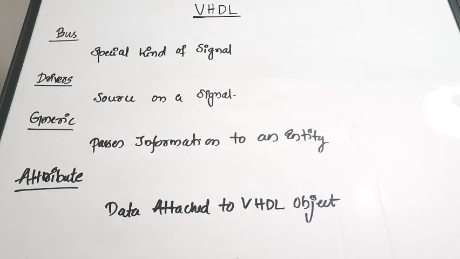An attribute is data that is attached to VHDL objects. Consider that there is a VHDL object to which data has been attached. That data is called an attribute. We'll discuss all these things step by step while doing the VHDL programming. Anyway, these are the most important terms in VHDL.